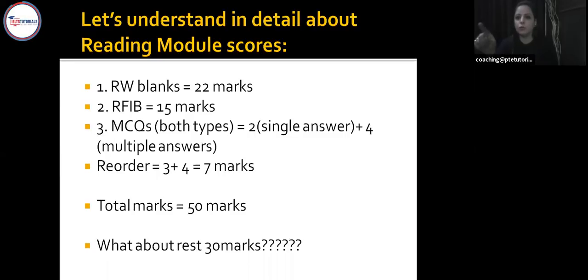And what about those other tasks, which are based on highlight correct summary, highlight incorrect words, and one more task, summarize written text.